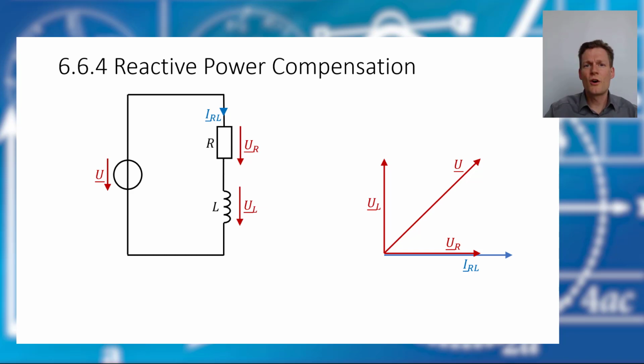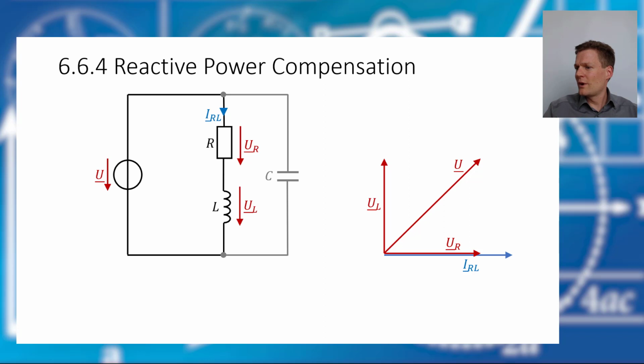And how can we compensate this? We want the voltage and the current at our source to be in phase. Okay, and what we can do is add a capacitor here. As I said, a capacitor does not consume active power, therefore it's free to us to add a capacitor to our network.